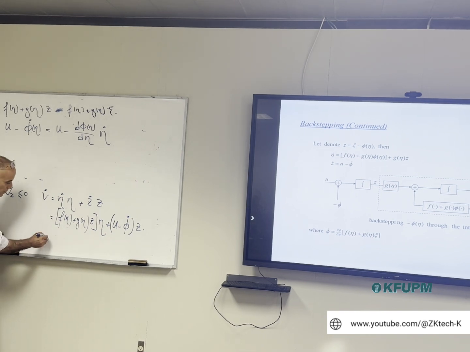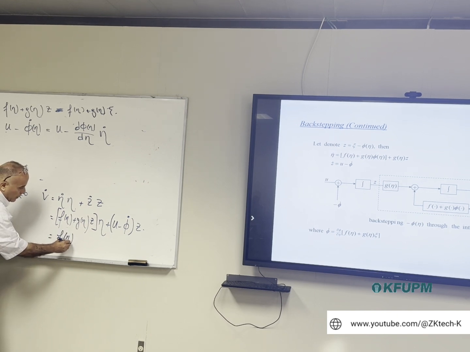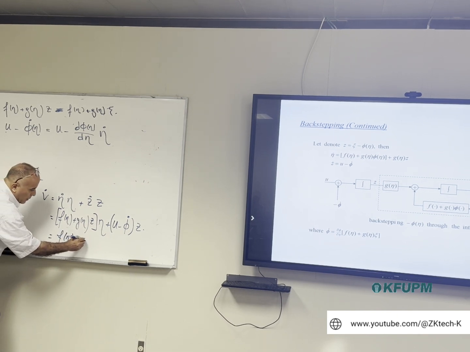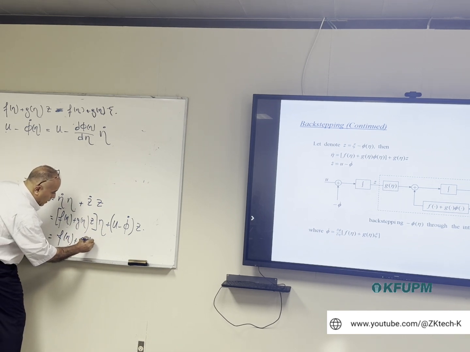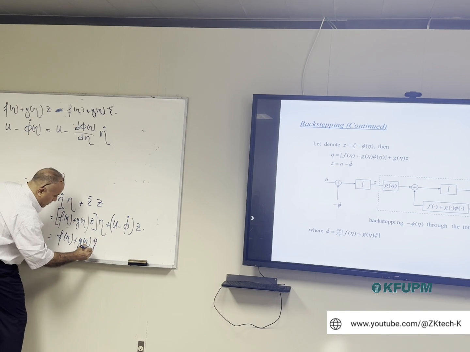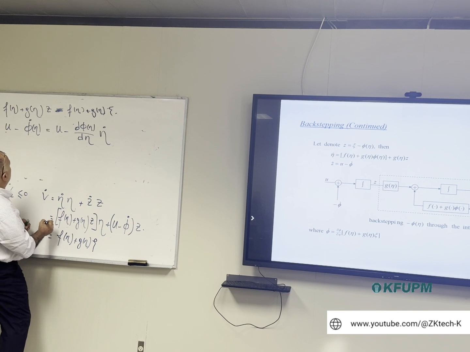All right, so this is what we are going to get then. If we develop this equation, we are going to have f of eta plus g of eta multiplied by z. There's something wrong here.